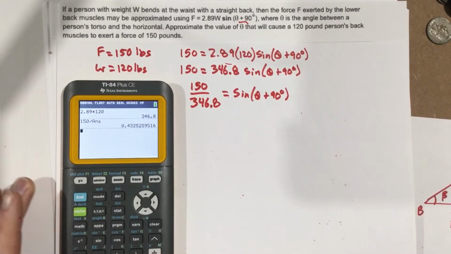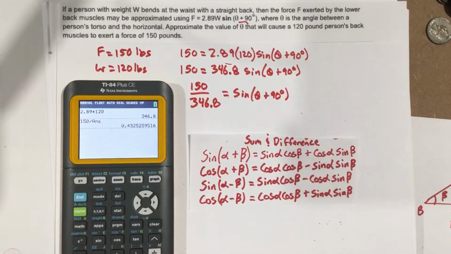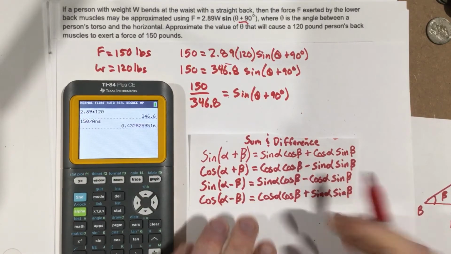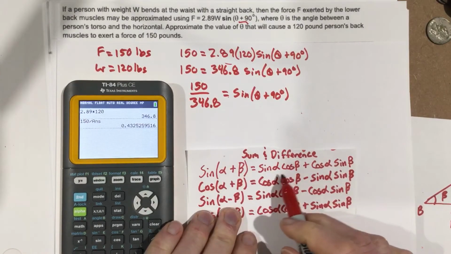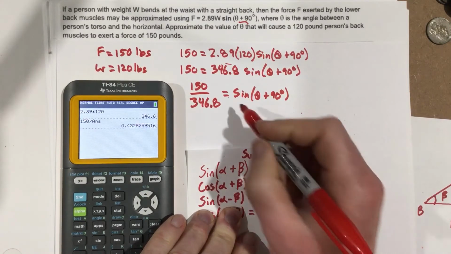That's not a problem. Okay, the next step would be to use the sum and difference formula for sine. Well, we know sine of alpha plus beta is sine alpha cosine beta plus cosine alpha sine beta. So let's start writing this.